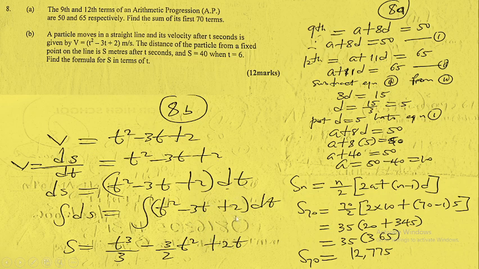Then if you integrate a constant, we have 2t. So the formula for s in terms of t is s equals t cube over 3 minus 3 over 2 t squared plus 2t. So that is the solution for question number 8, and that's 12 marks as well.